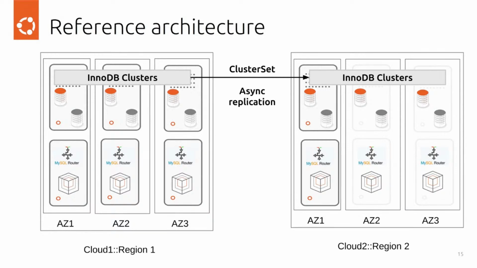That's why we think that you need to have at least 3 instances in your primary cloud, and in your Cloud 2, Region 2, or more generally your region 2, you can have one. An InnoDB cluster would work with one, but you lose all the automatic failover associated to group replication. But for cost consideration, you might consider that.